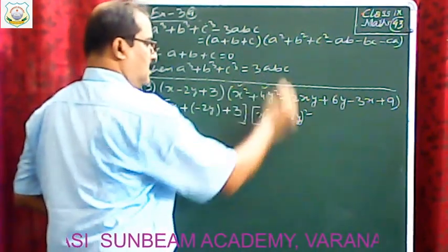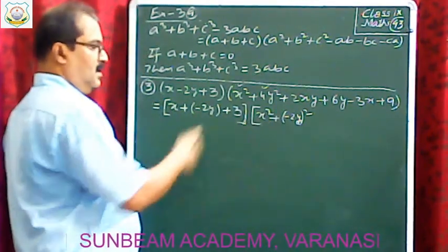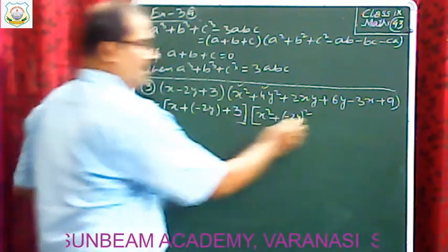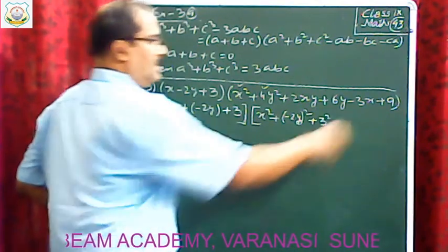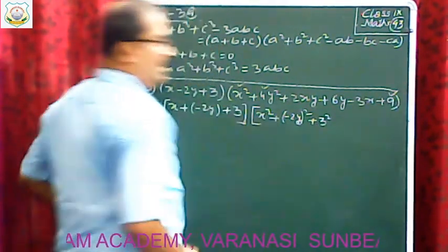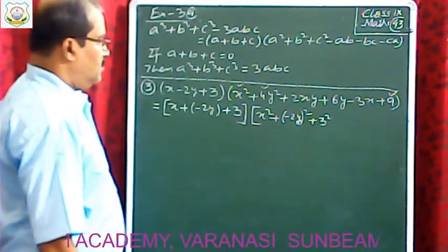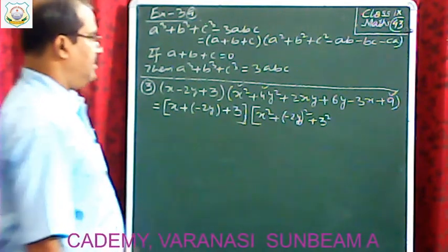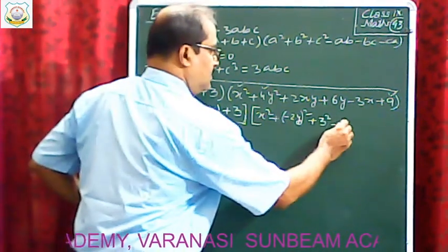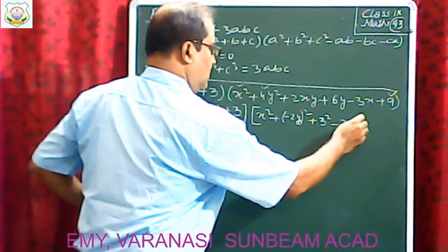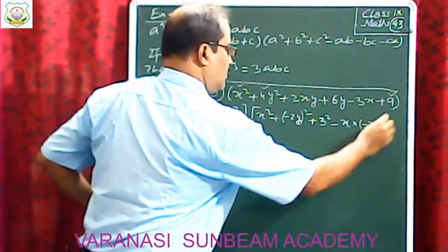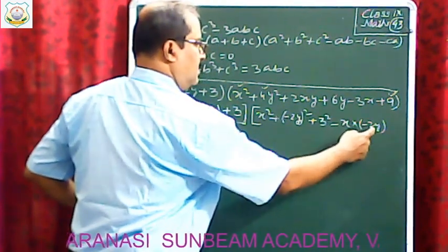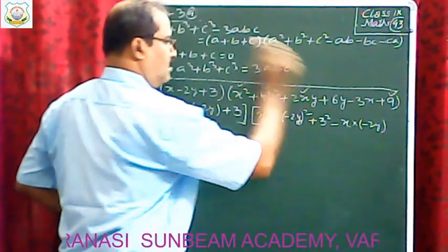So second term matched. Plus c square, c is 3, you have to write 3 square, 3 square is 9, 9 is given in the question. Thereafter minus ab. Minus ab, a is x into b is minus 2y, minus minus plus 2xy. Plus 2xy also matched.